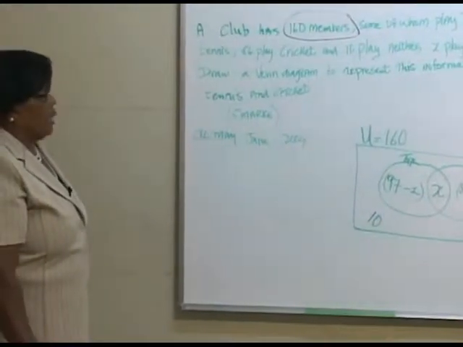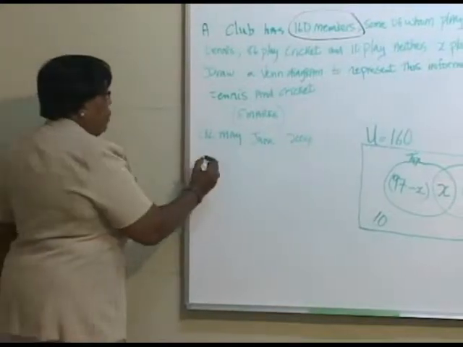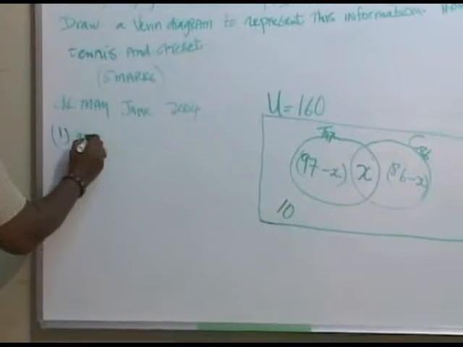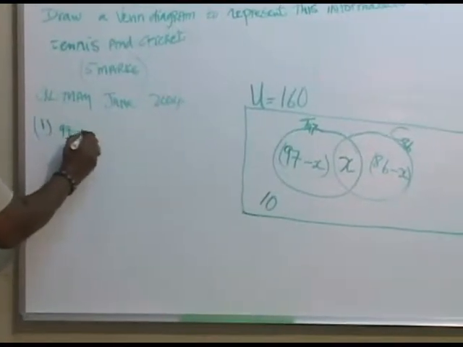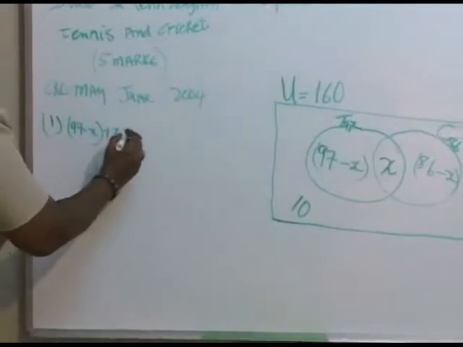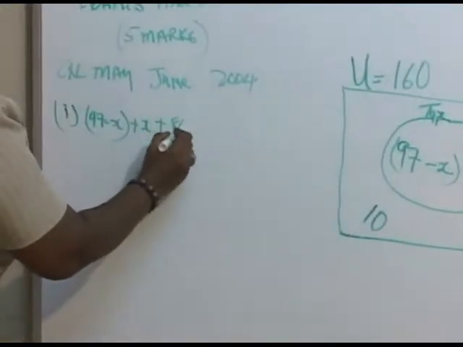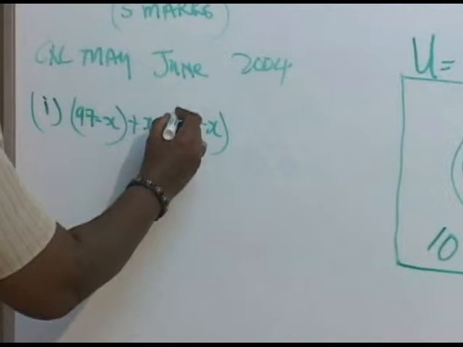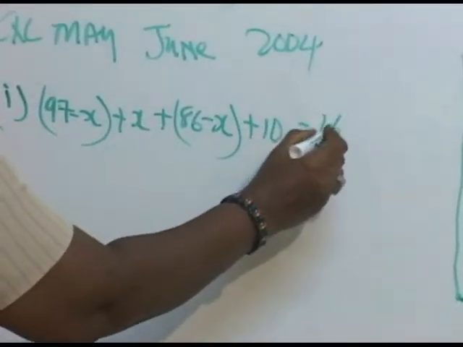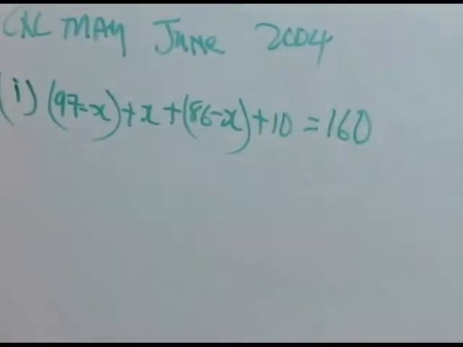So our first equation could have been 97 minus x plus x plus 86 minus x plus 10 would be equal to 160. Nothing is wrong with that.